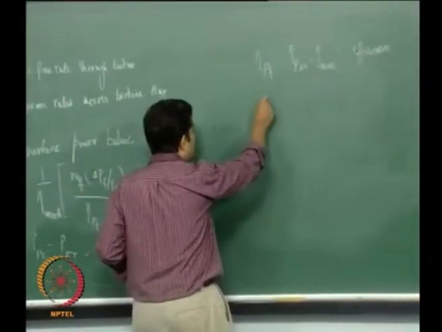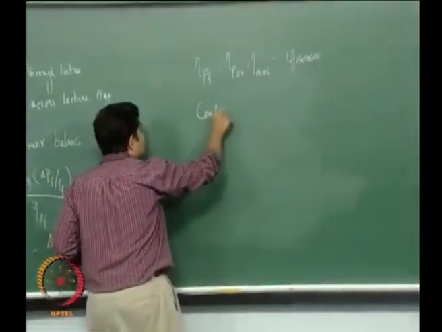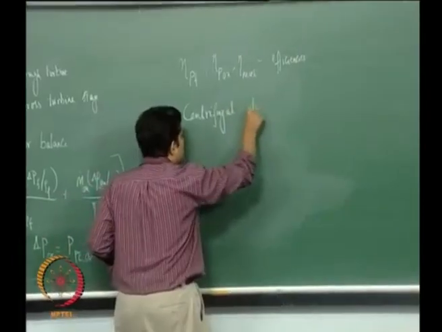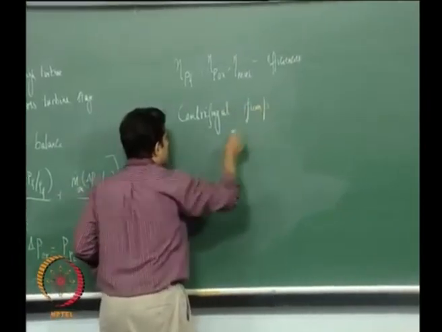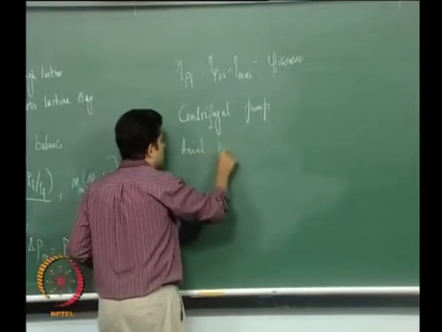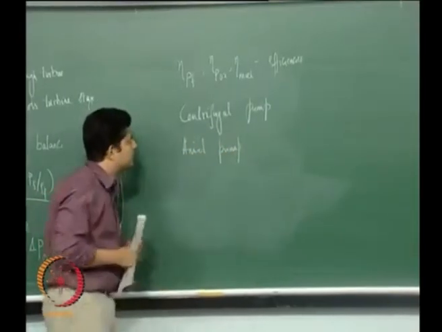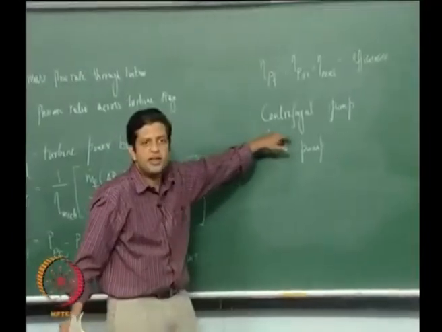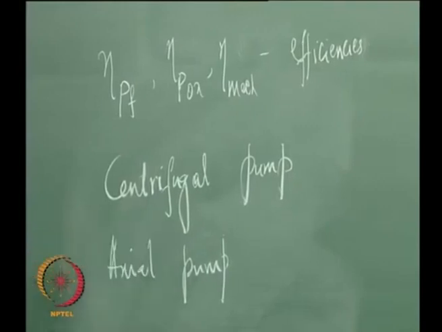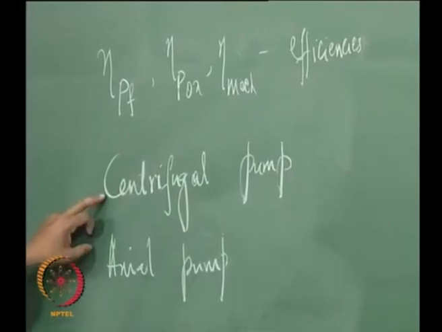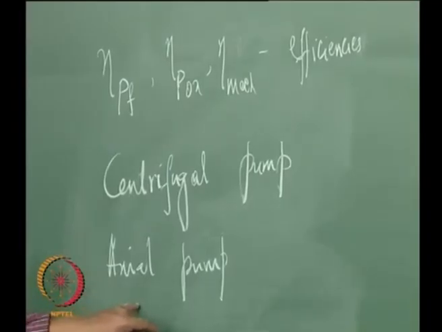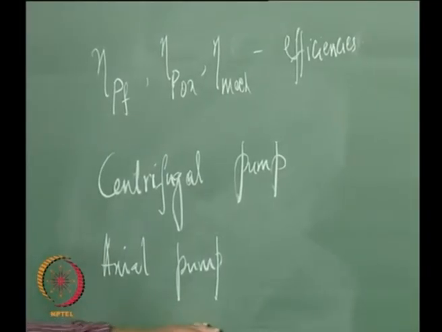When do you use an axial pump and when do you use a centrifugal pump? When you need a very large head. When head is high, you will go in for a centrifugal pump. If mass flow rate is high and head is medium, then you go in for an axial pump.